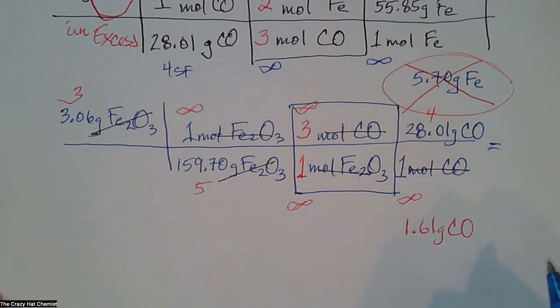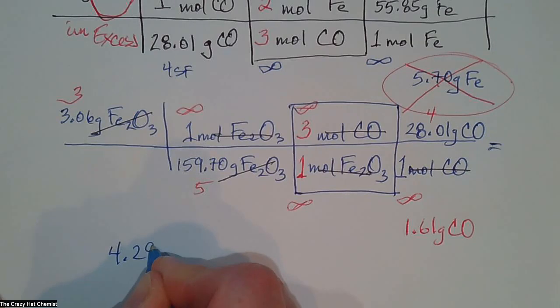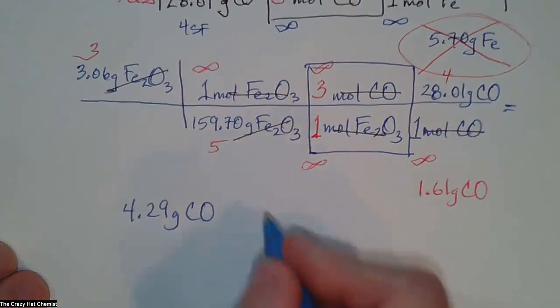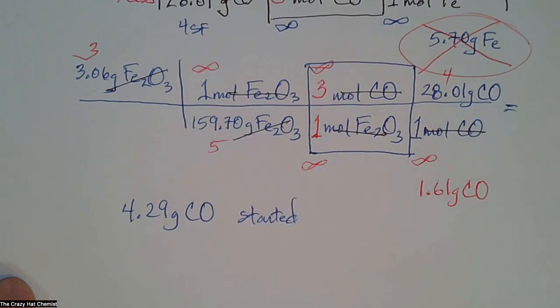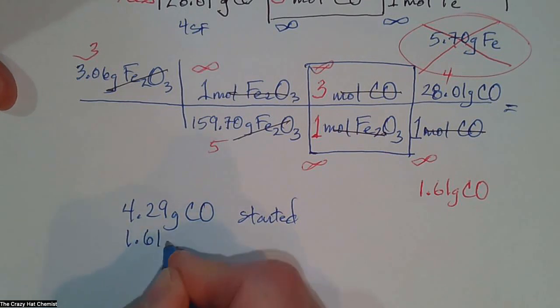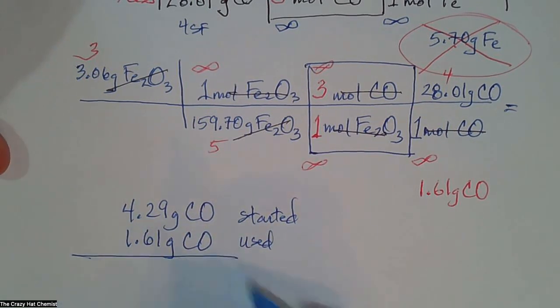So how much carbon monoxide did I start with? 4.29 grams of carbon monoxide is what I started with. How much carbon monoxide did I use? 1.61 grams of carbon monoxide used. Consumed. What do we want to call it?